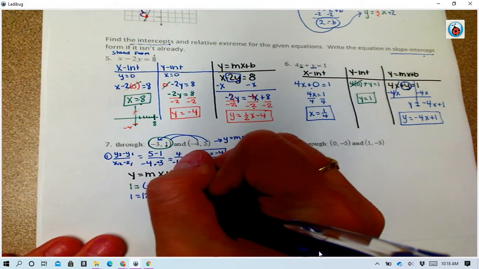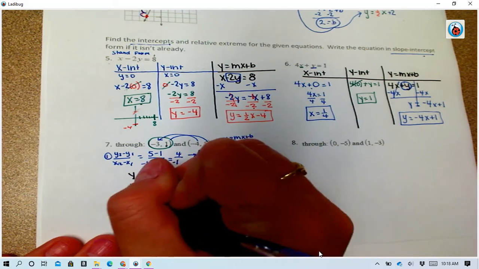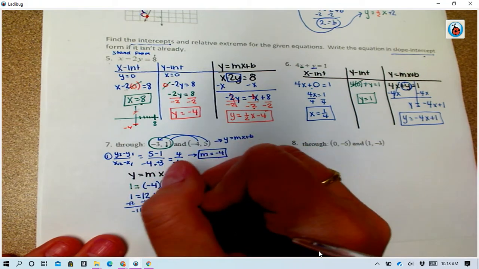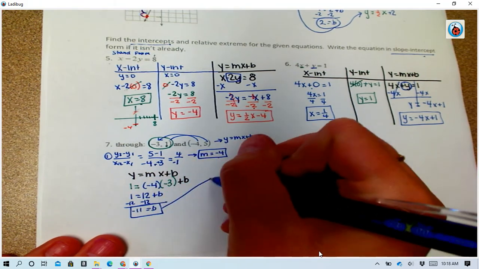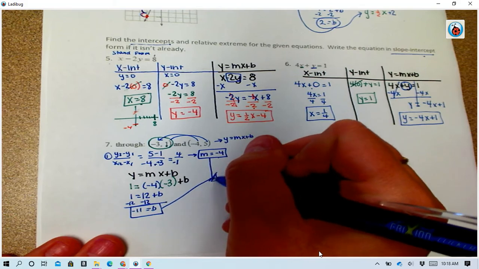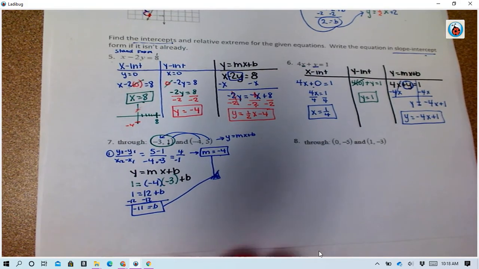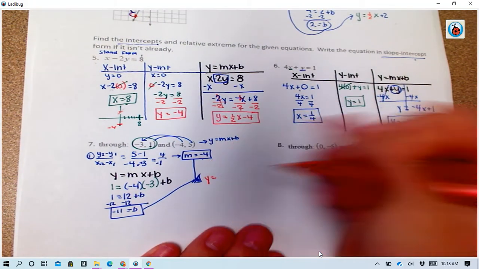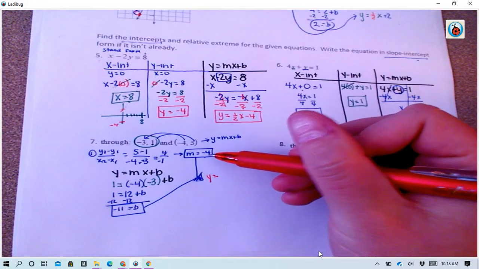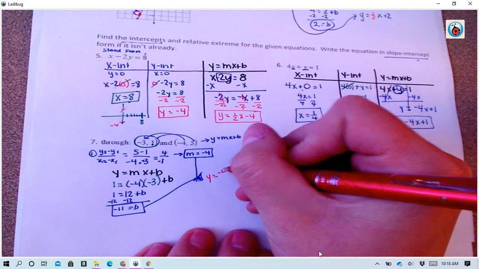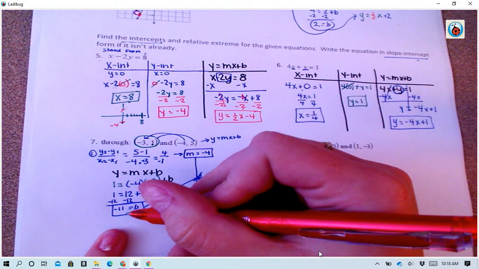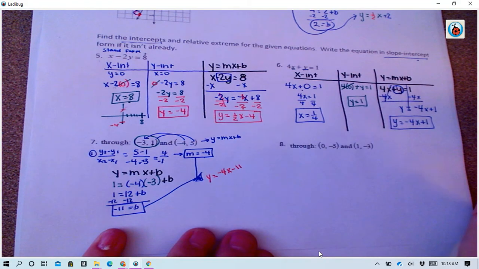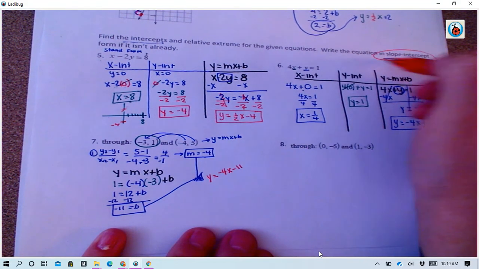Plus b isn't going to change. Minus 12 from both sides. B equals negative 11. So taking our b value of negative 11 and our m value, we can write our final answer. Y equals, our slope was negative 4, x, and our b value is negative 11. So that's putting it into slope-intercept form.